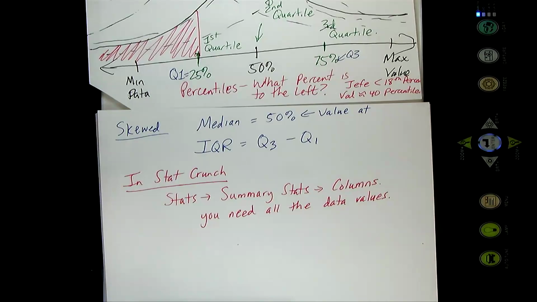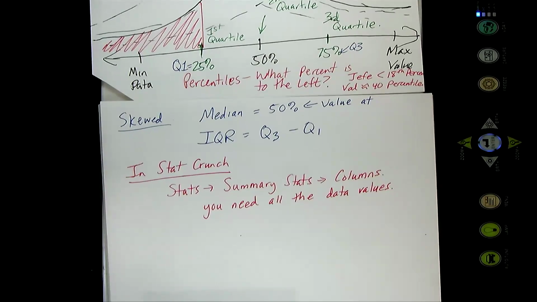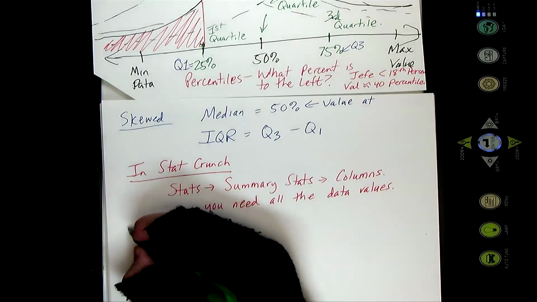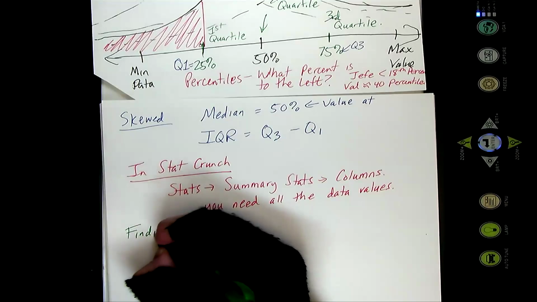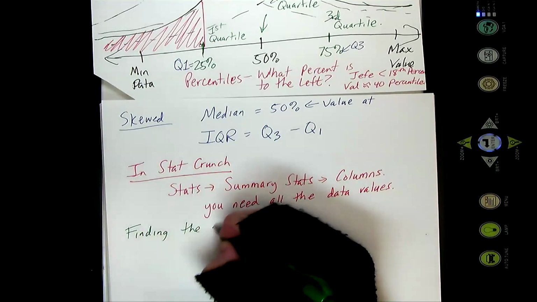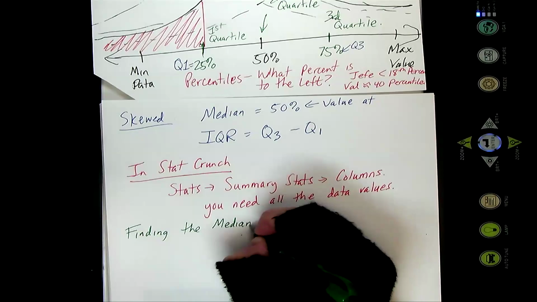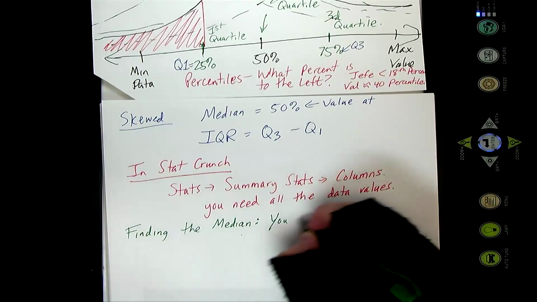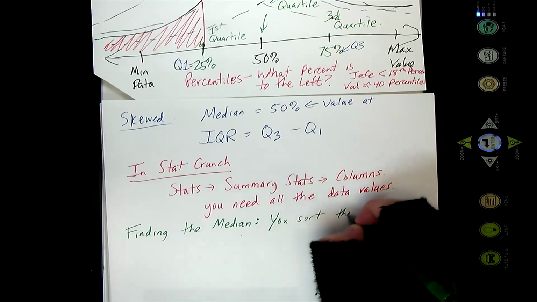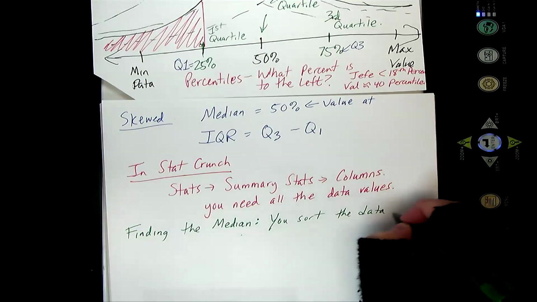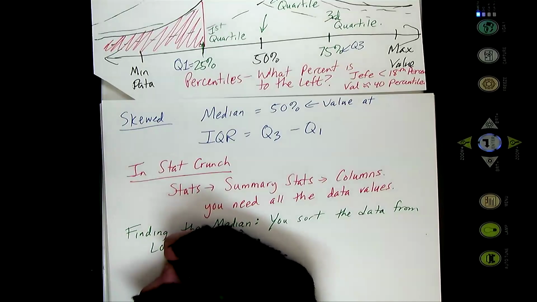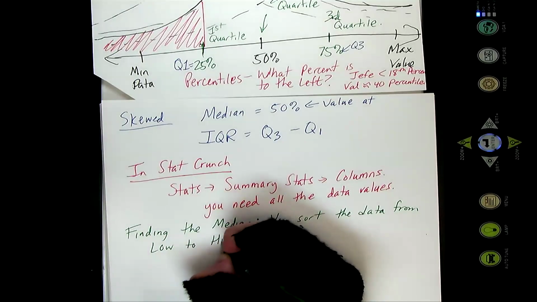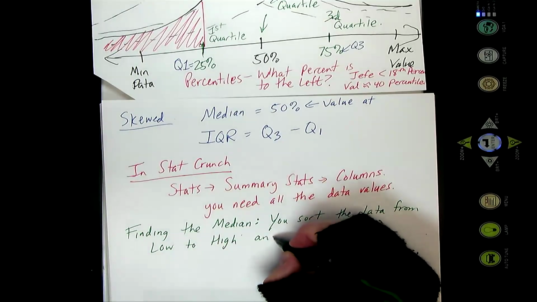If you're finding these by hand, then we're not going to. Finding the median, we already did. You sort the data from high to low, or from low to high, and find the middle value.